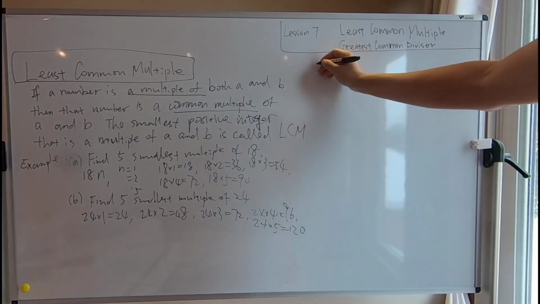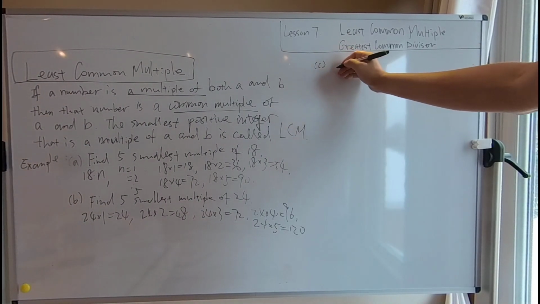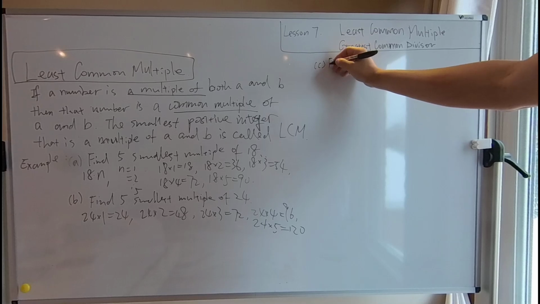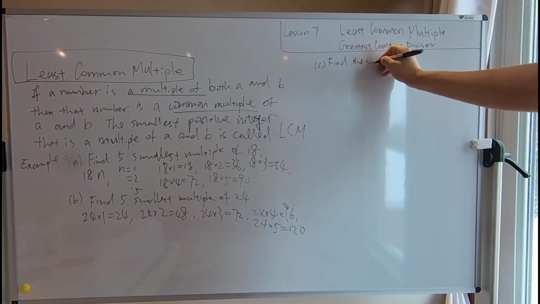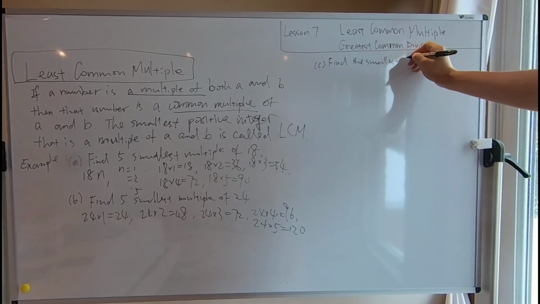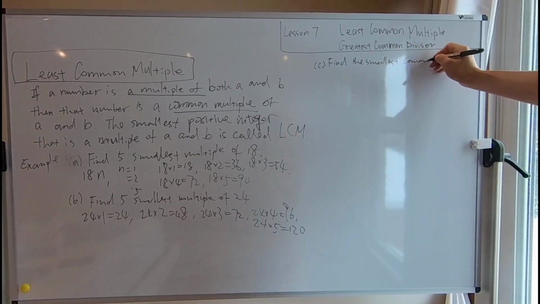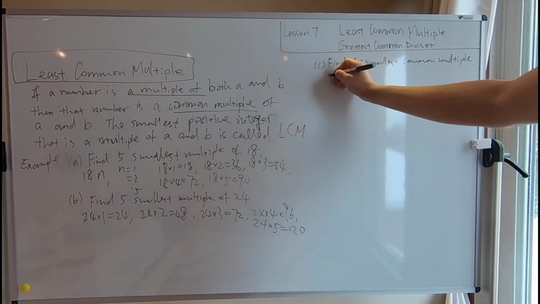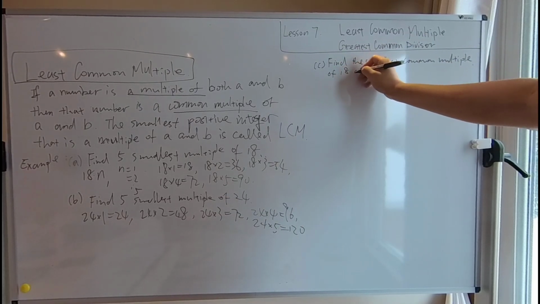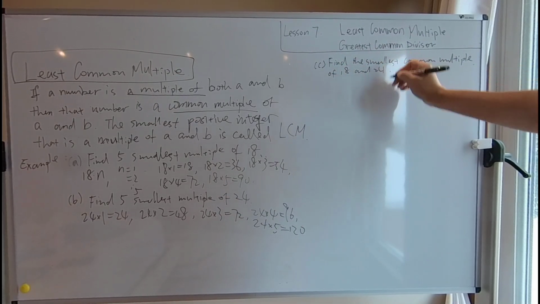Then the next part, let's find the smallest common multiple of 18 and 24.